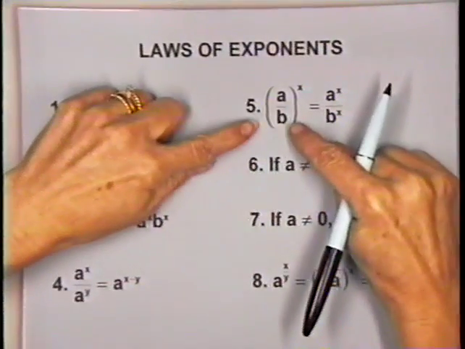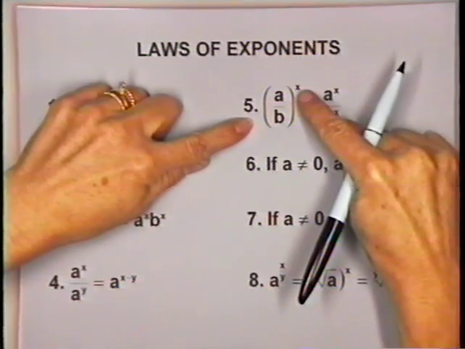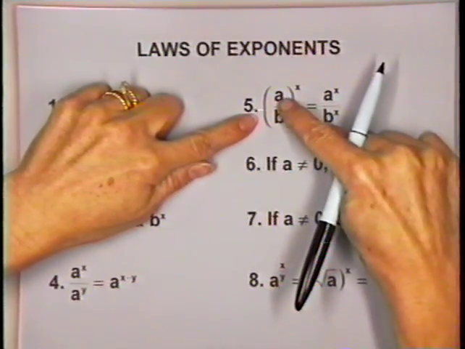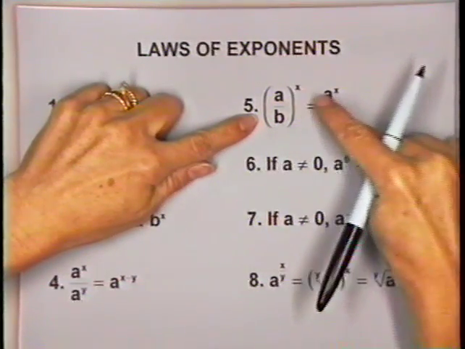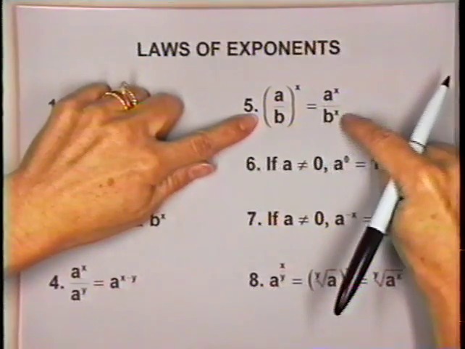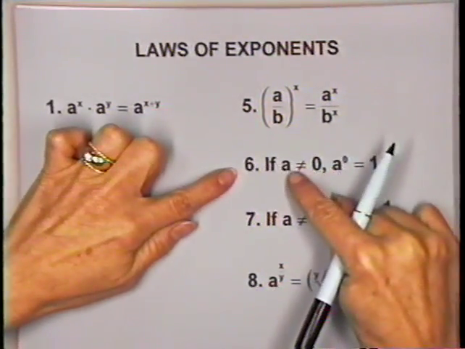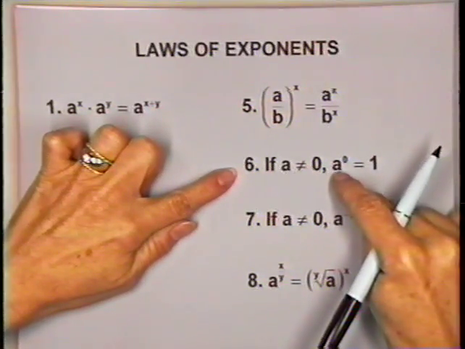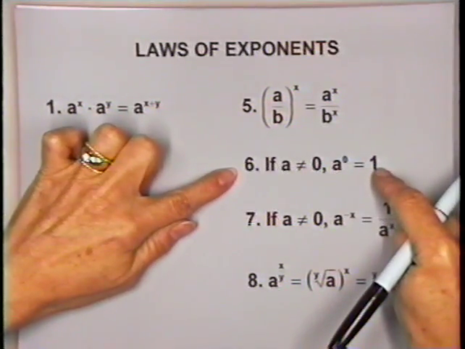On number 5, we have a quotient inside our parenthesis with an exponent outside. As you might recall, this would be like a fraction. Both the numerator and the denominator get this power when it's written like this. So a to the x divided by b to the x. Okay, we reviewed this a moment ago. If our base is not 0, any number to the 0 power is equal to 1.